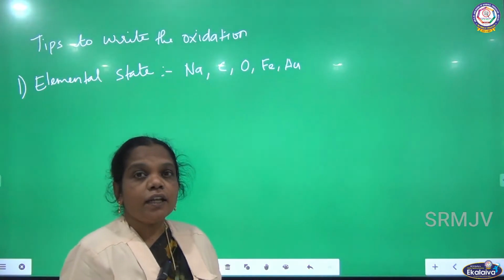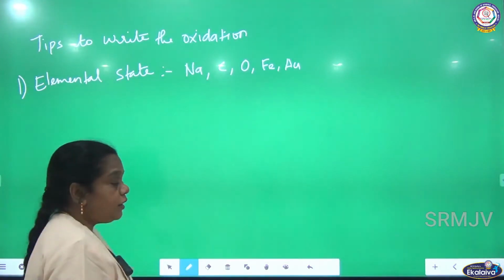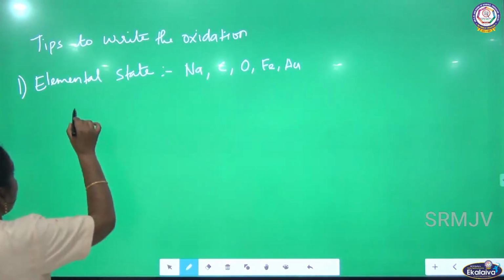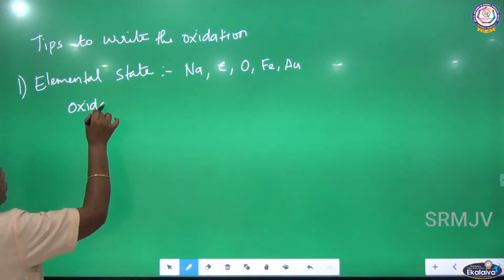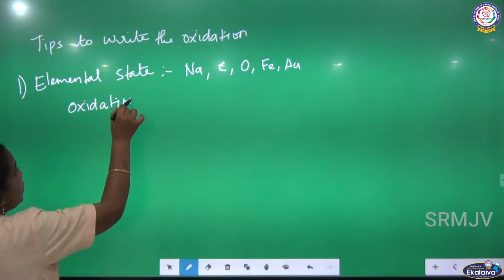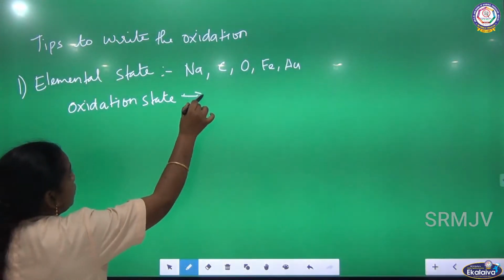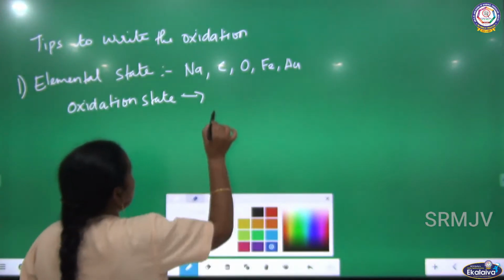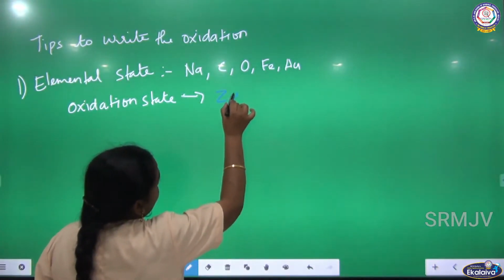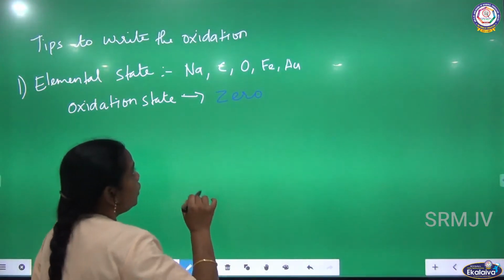The oxidation number, or oxidation state, is 0 for the elemental state.